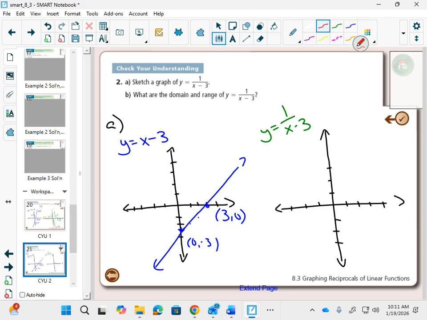X can't equal 3 is our non-permissible value. That matches up with our x-intercept over here. So at x equals 3, I draw my vertical asymptote, and all of ours are going to have that horizontal asymptote at y equals 0.